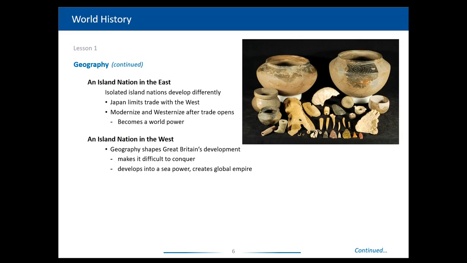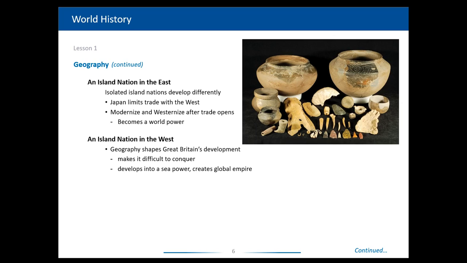Geography also affects how places develop. For example, if you look to the east and you look at places like Japan, you will notice that they did not modernize or westernize until after they had the exposure to Western cultures.